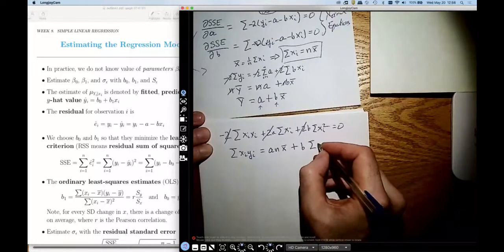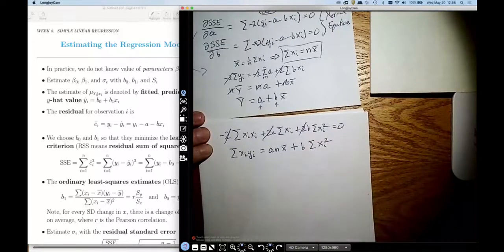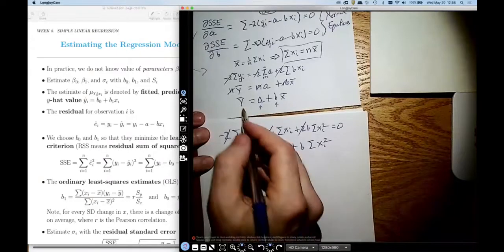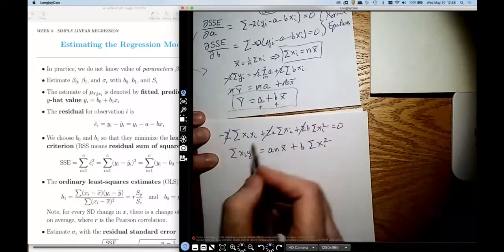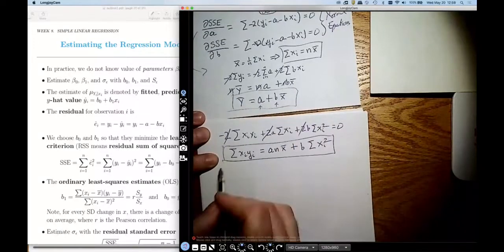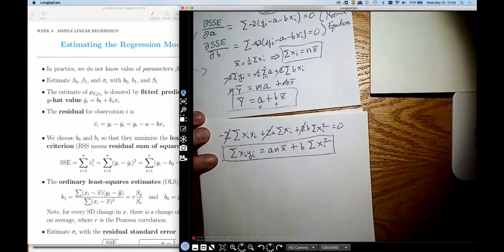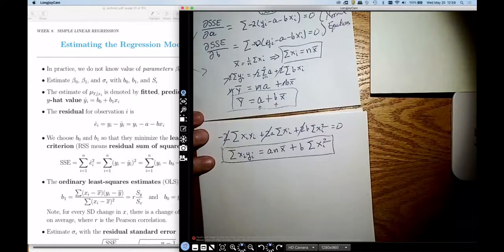This is just going to be b times the sum of xi squared. So let me just put a little box around these. Here are my normal equations in a modified form. One way that I could solve this is to substitute my first equation into the second equation.